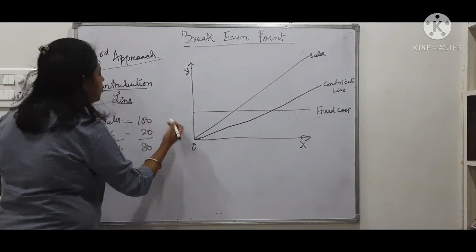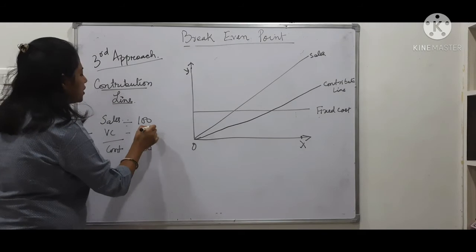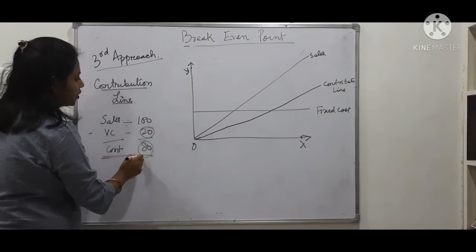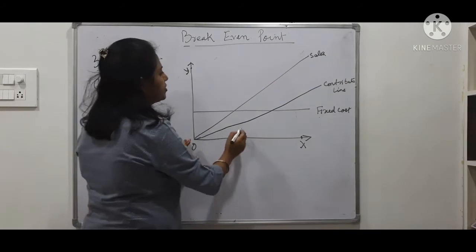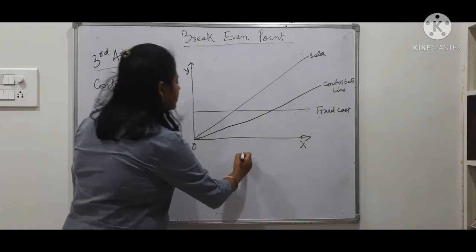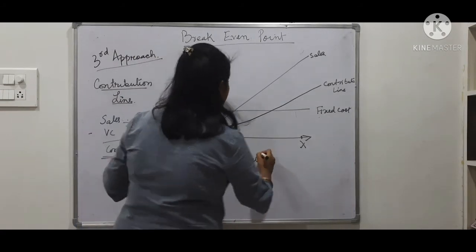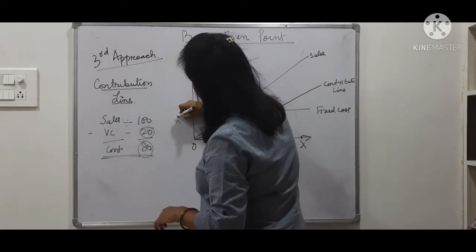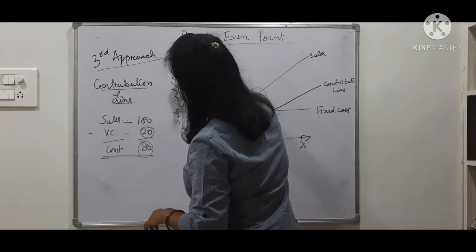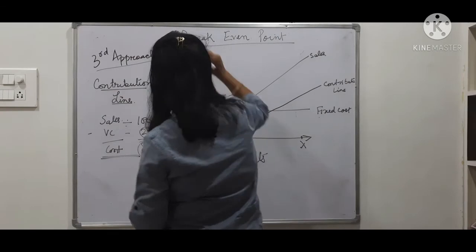If you sell more, you will be better able to cover the cost, and you will have more contribution. That's why it is an increasing line, because the more units you produce, the more your contribution rises, with fixed cost as the horizontal line.